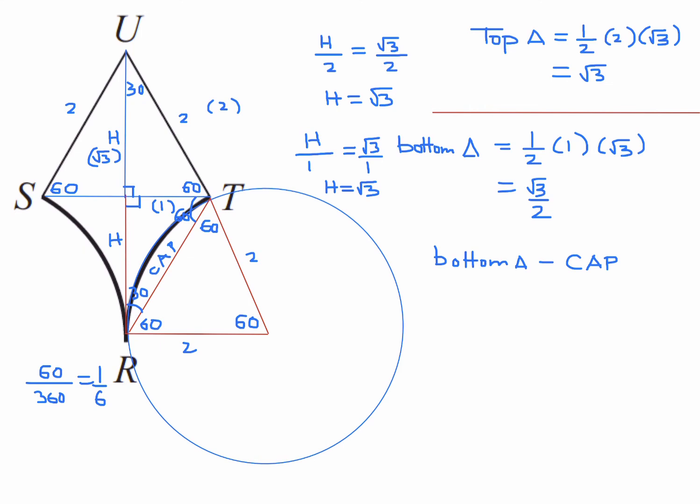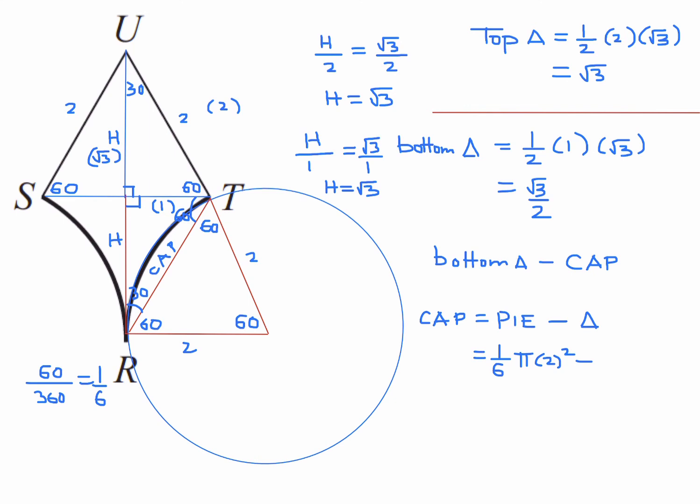Okay, well, let's figure out the area of the cap. We can figure out the area of the cap by first figuring out the area of this pie segment and then subtracting from it that triangle. So the cap is the pie segment minus the triangle. Well, the pie is 1/6 the area of the circle, pi r squared, and r is 2. And this triangle is basically an equilateral triangle with side length 2.